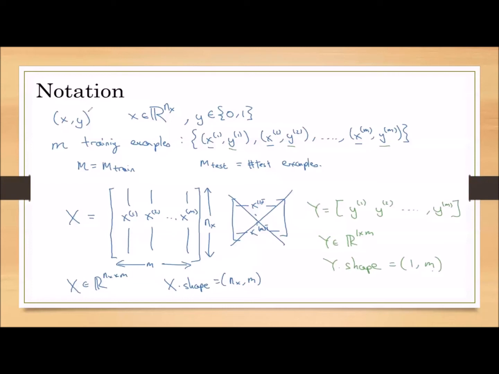As of now, if you are familiar with this notation, that would be okay. If you don't have familiarity with these terms, then we have to take a look at them before we go into the cost function.